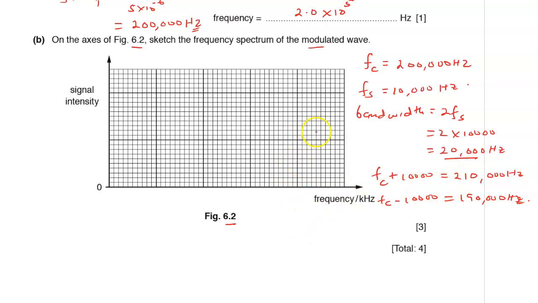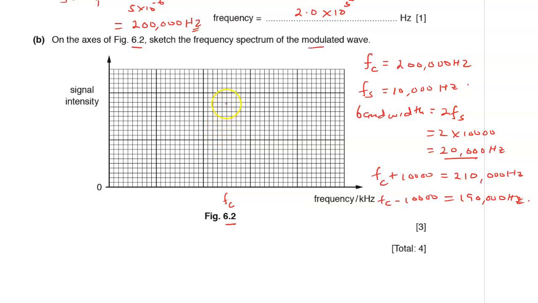Therefore, I can plot here. Let me plot somewhere here. There's 1, 2, 3, 4. Okay, let me call this one Fc, the frequency of the carrier wave.